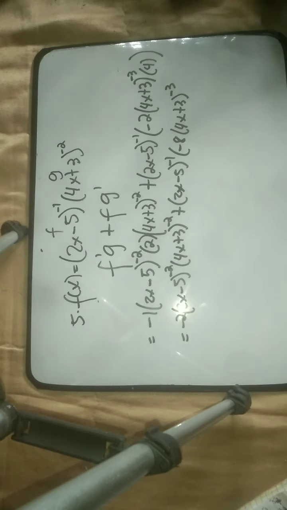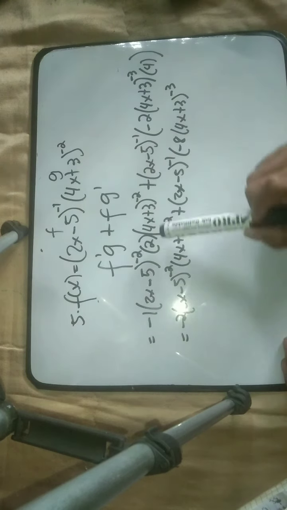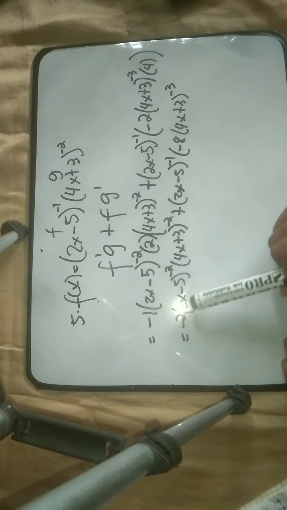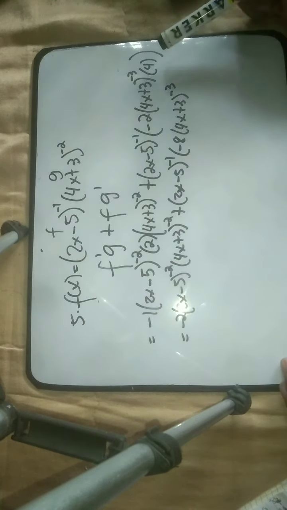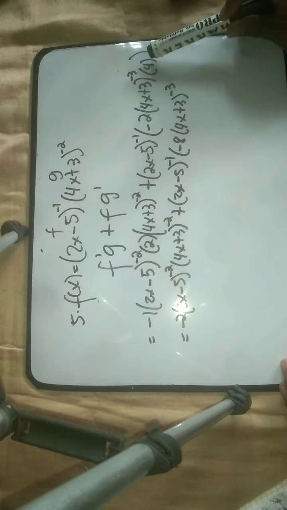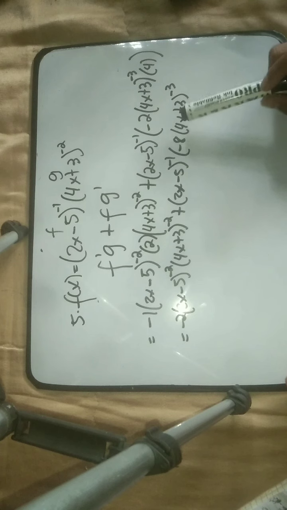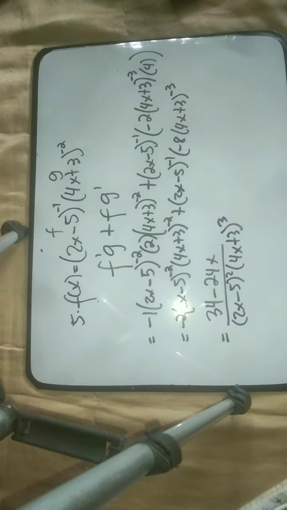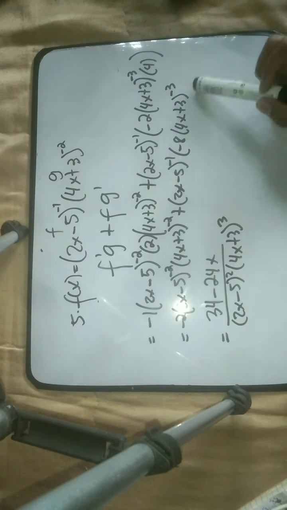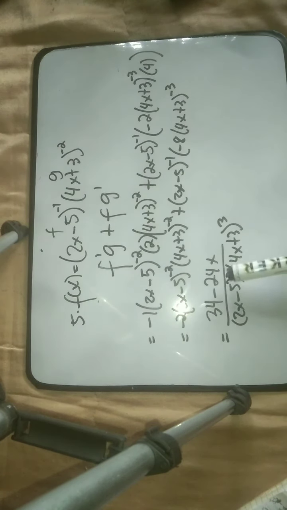To simplify this expression, we multiply negative 1 times 2 to get negative 2 times (2x minus 5) raised to the power of negative 2. Then negative 2 times 4 gives negative 8 times (4x plus 3) raised to the power of negative 3. Using a scientific calculator to simplify this function, we get 34 minus 24x over (2x minus 5) squared multiplied by (4x plus 3) cubed.